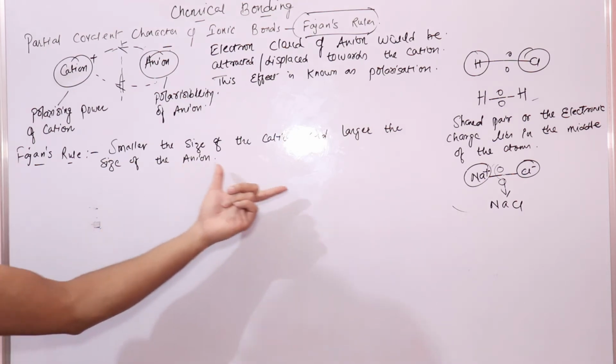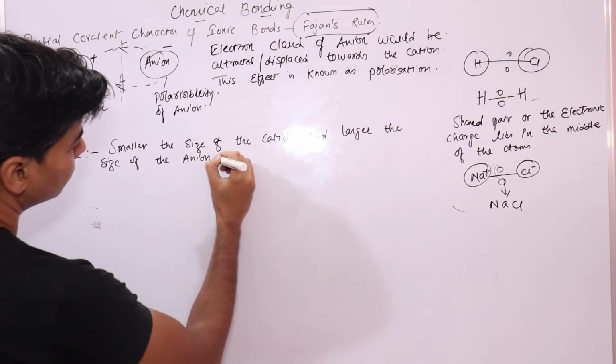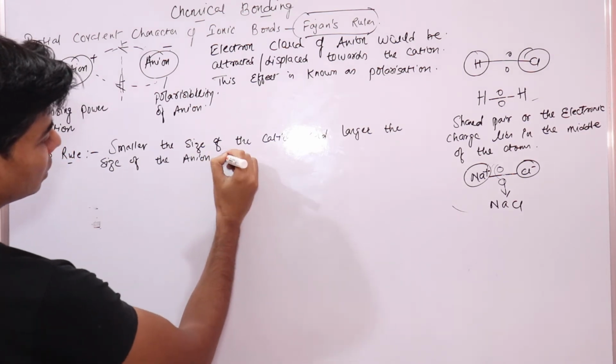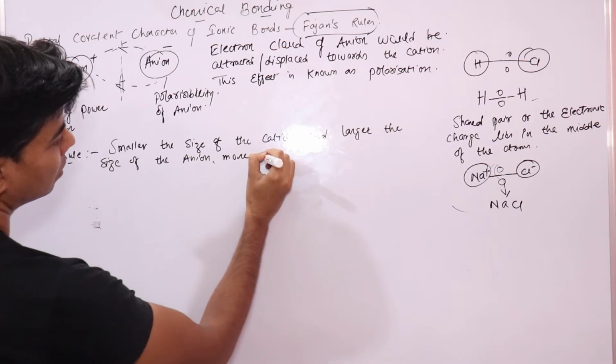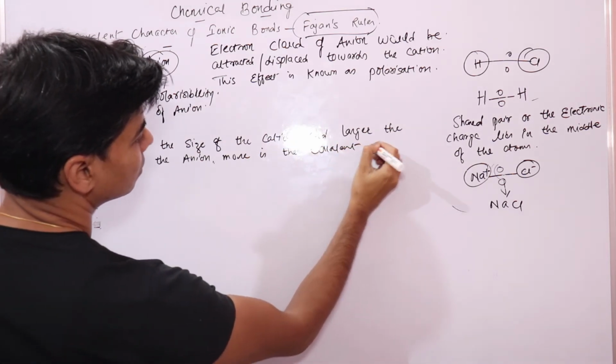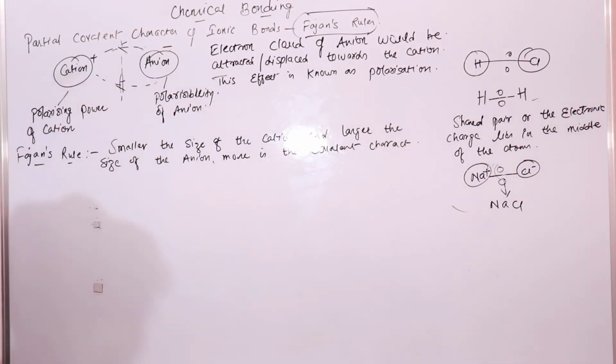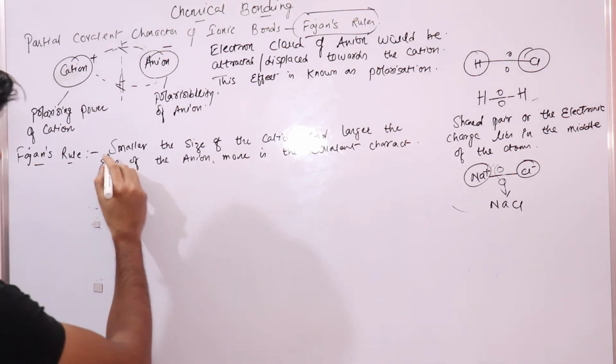Smaller the size of the cation, larger the size of the anion, more is the covalent character. Right? More is the covalent character. Now let's take some examples.